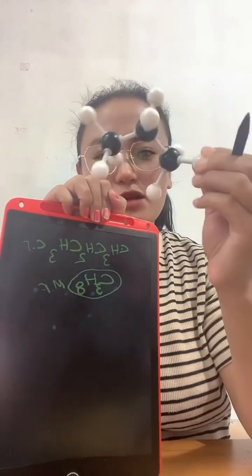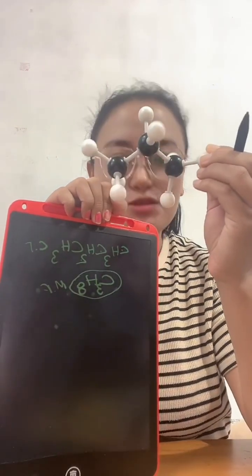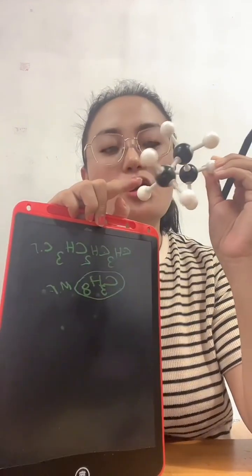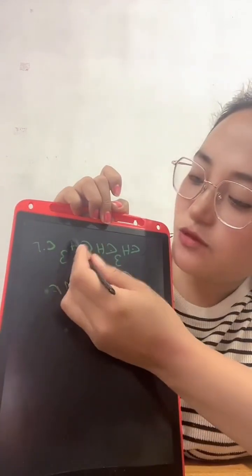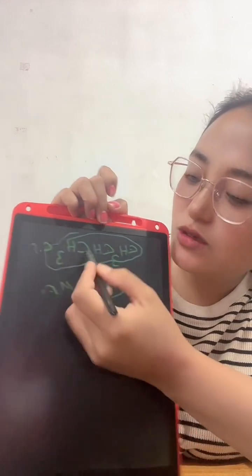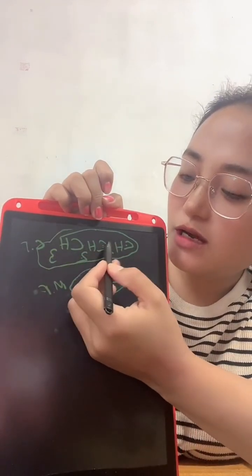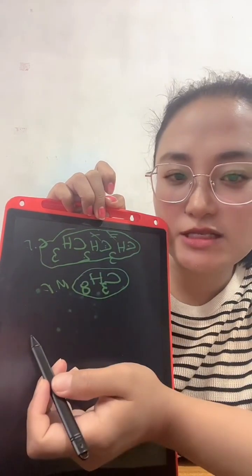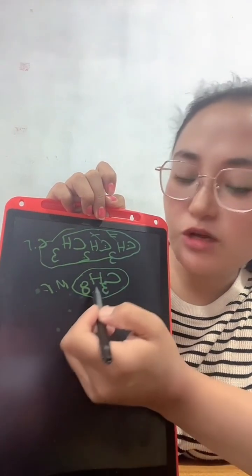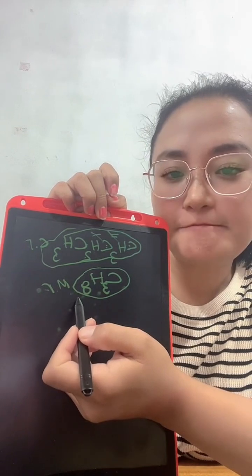This one is the structural formula, which will tell you single bond, double bond, but with the condensed formula, at a glance you can't tell whether the carbon has a double bond or single bond. That is the limitation of the condensed formula. The molecular formula is different.